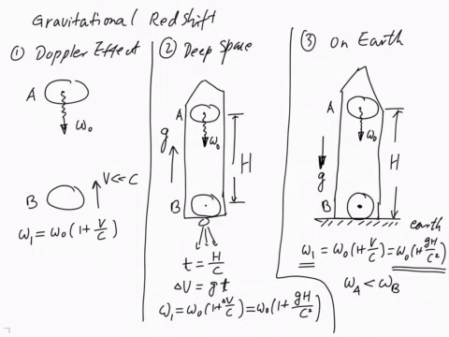When the frequency is smaller, the wavelength is bigger, or longer in this case. The wavelength received by A at the top of the building is longer than the wavelength at the bottom of the building. That's what we call redshift, because a longer wavelength is redder in the spectrum. A shorter wavelength, higher frequency is bluer.